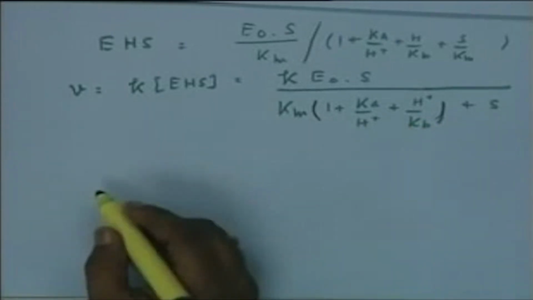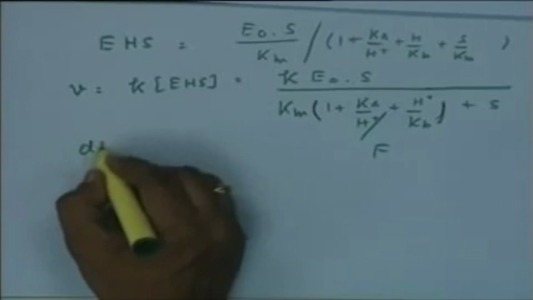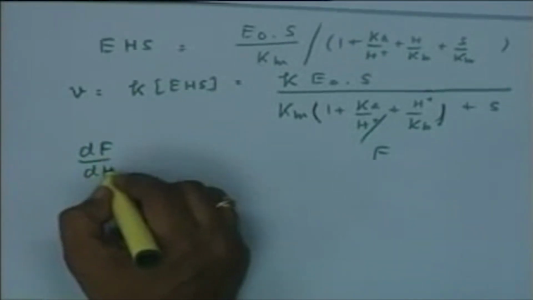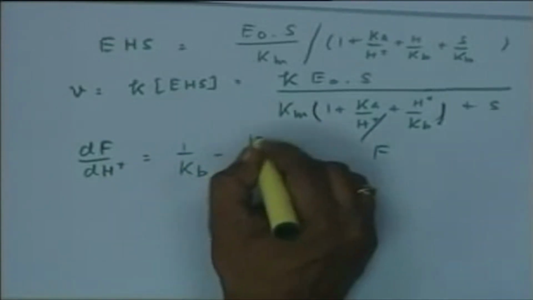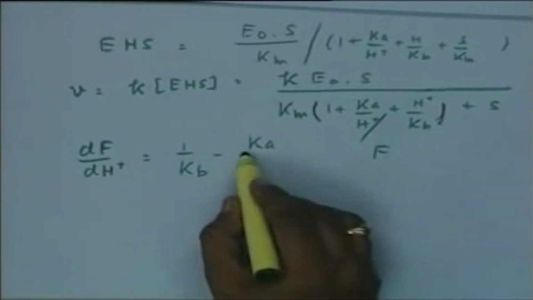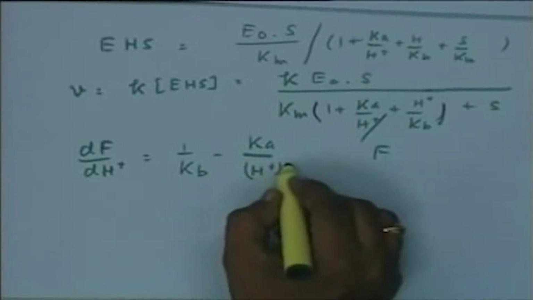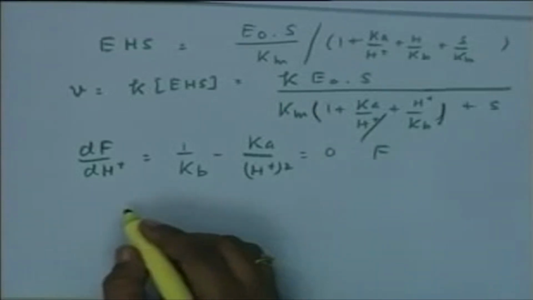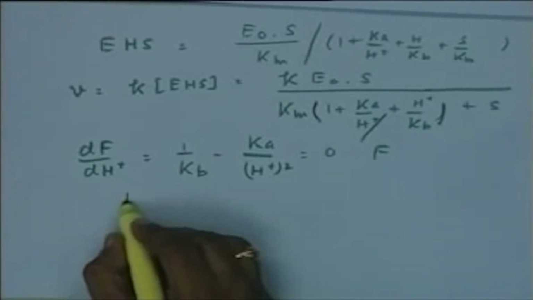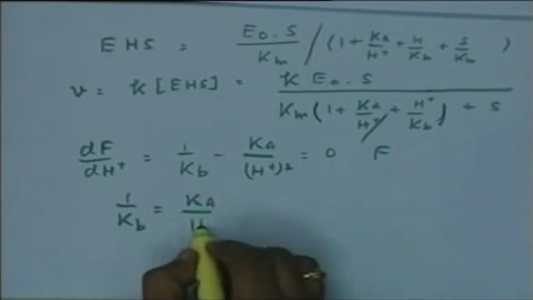If we denote this function as f, your df over dH will be equal to 1 upon Kb minus Ka upon H square. If you equate it to 0, you get 1 upon Kb is equal to Ka upon H square.